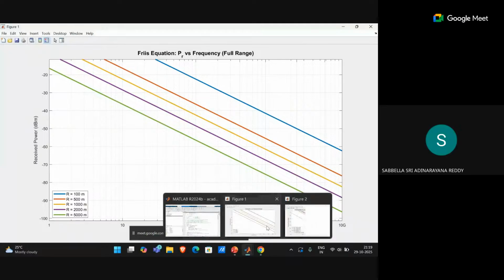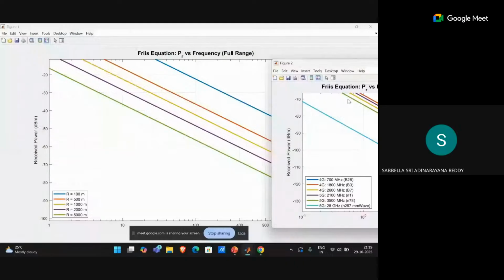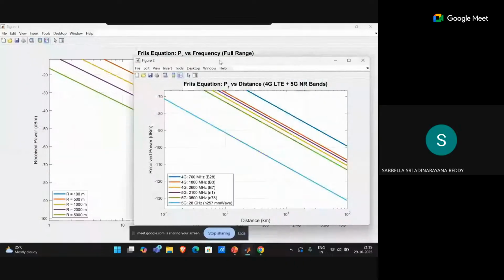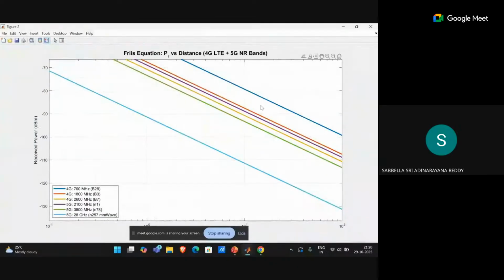If we look at the second figure, that is going to show the dependency on frequency. We have already observed that our equation is dependent on lambda square, right? We also know that C equals lambda F, so lambda is inversely proportional to frequency. In turn, this makes our whole equation inversely proportional to the square of frequency.